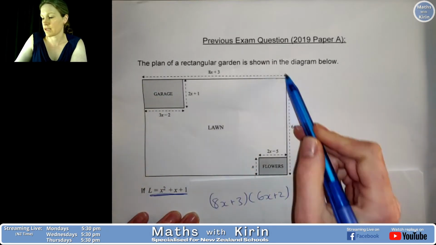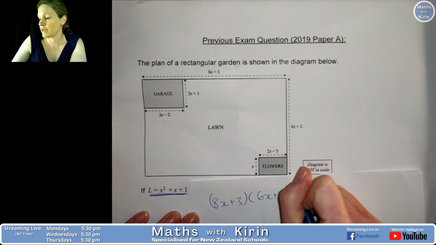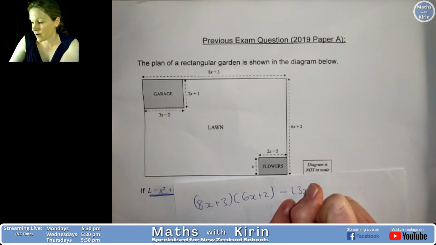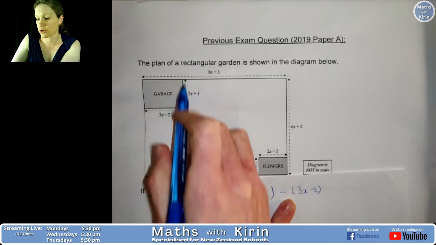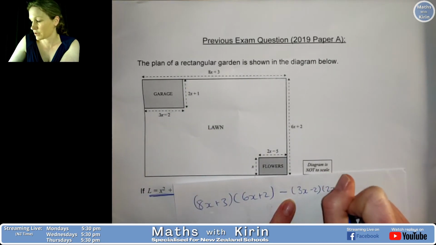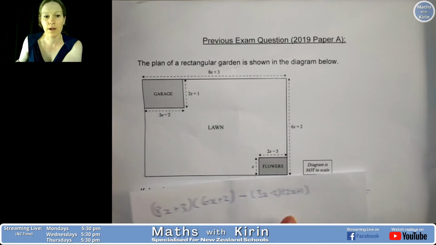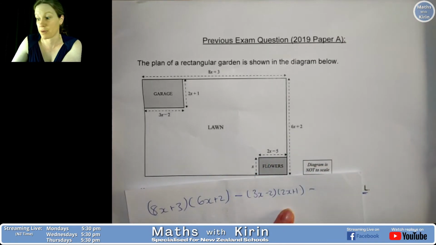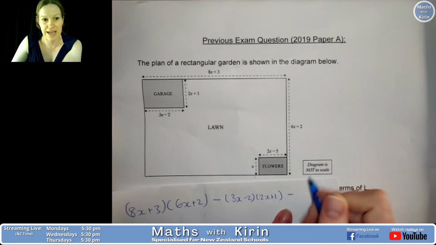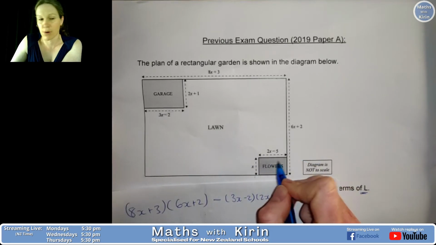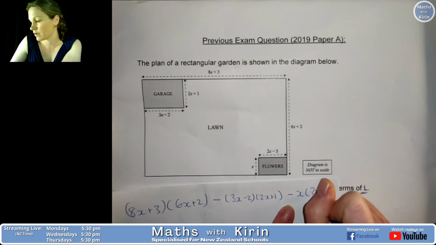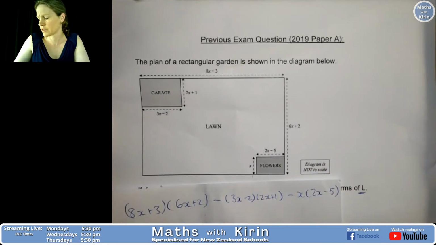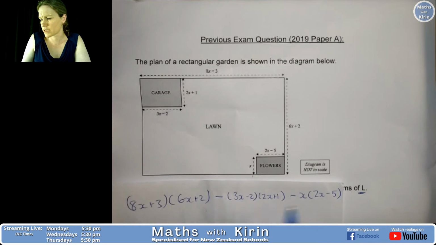Okay, and that's going to give us the area of this whole thing. We then need to subtract the area of the garage, and we find that by taking our 3x minus 2 and multiplying that by 2x plus 1. And we also need to subtract the area of this flower bed, I'm going to assume it is. So this is an x, and we're multiplying that by 2x minus 5. Hopefully you can read that all right on your screen, it's a little bit small. Okay, so this is our expression.